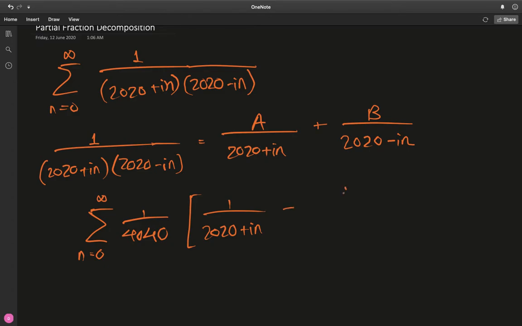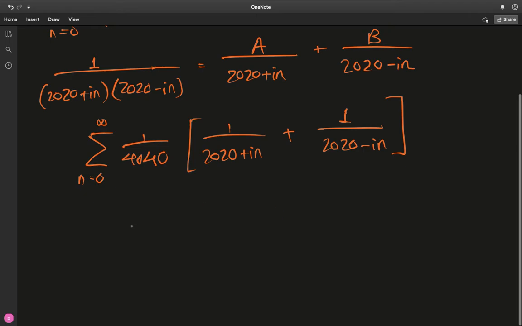I'm sorry, that's a plus over there. So we have plus 1 over 2020 minus in.